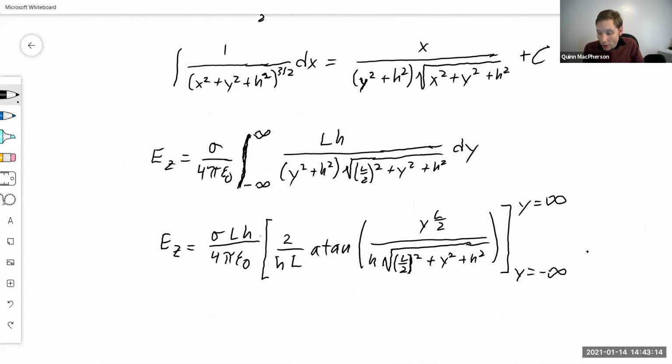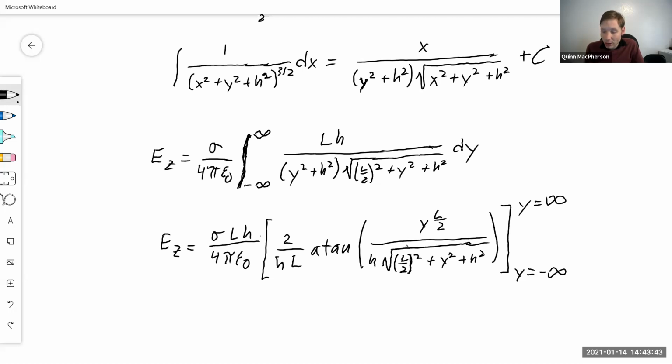Okie dokie, you might think, oh shoot, I've got infinity. What's going to happen? Well, it actually works out fairly nicely. If you stick infinity in for y, the y squared in the bottom will dominate the other two terms because it's going to infinity, so the other two terms are irrelevant. The square root of y squared just gets y, and that cancels with the y on the top.